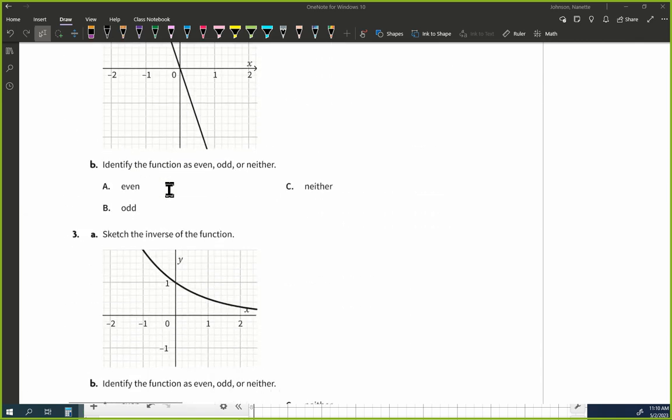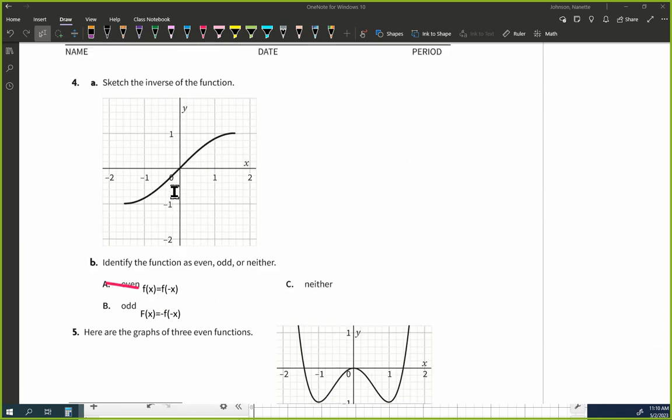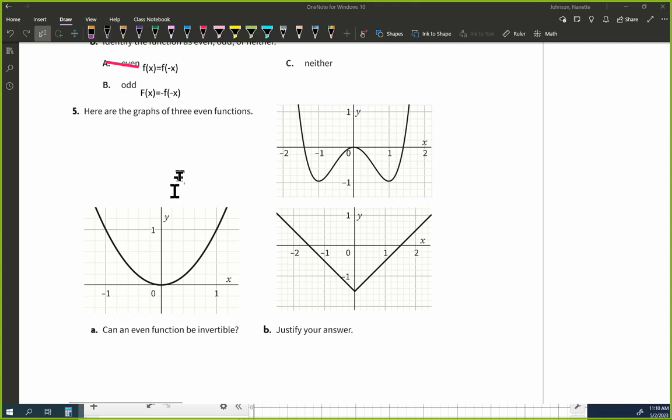All right, let's do a couple more because there's still a couple people lost a little bit. It says these are 3 even functions. What do you notice about even functions? What would a 3rd or 4th grader say?